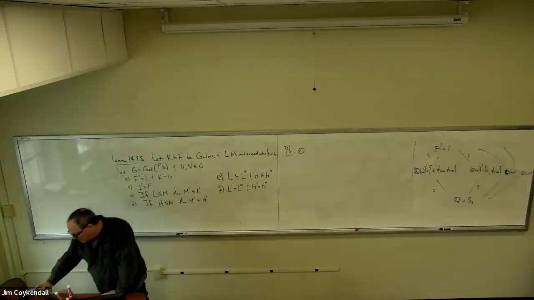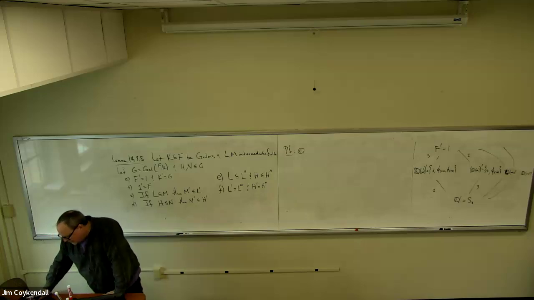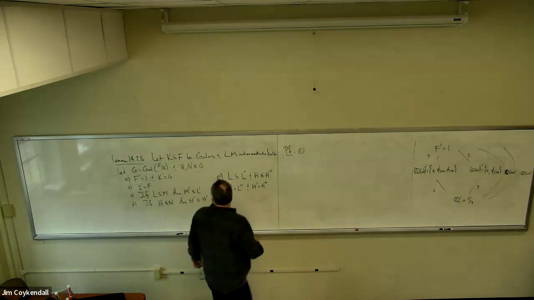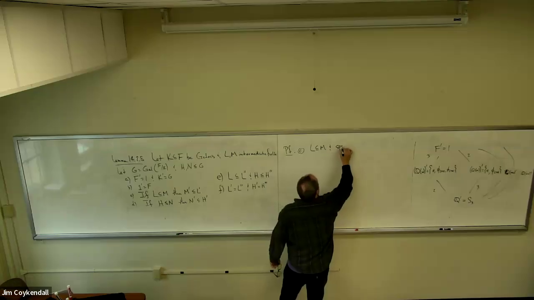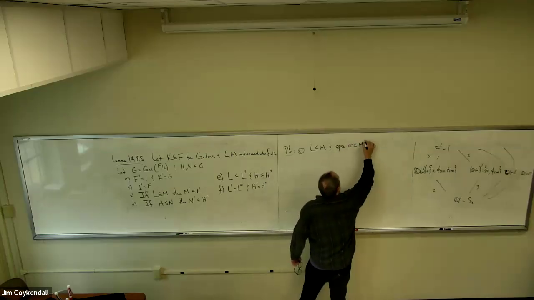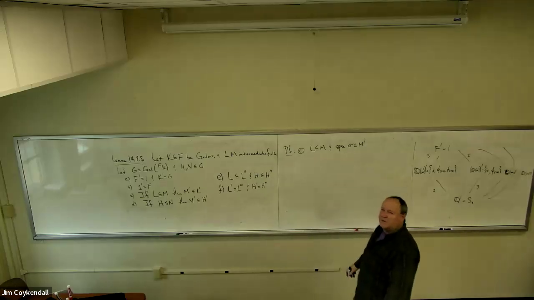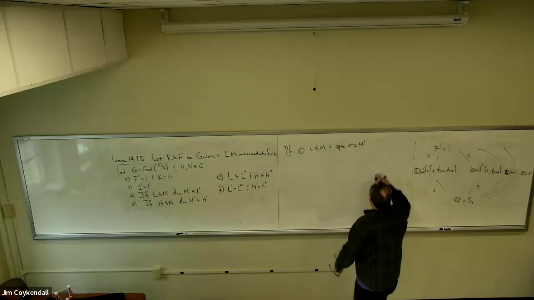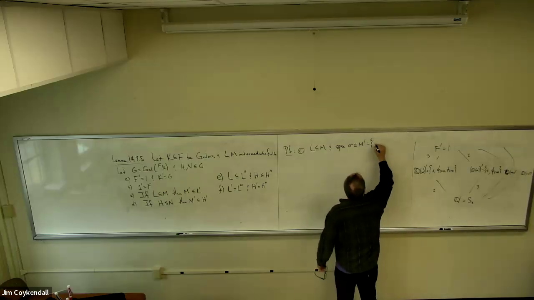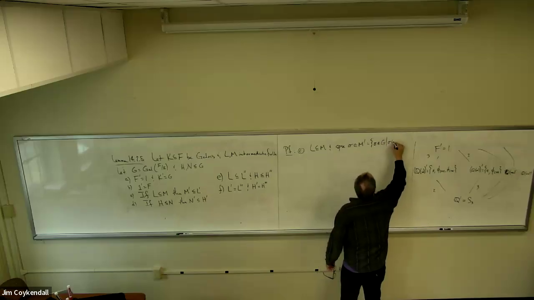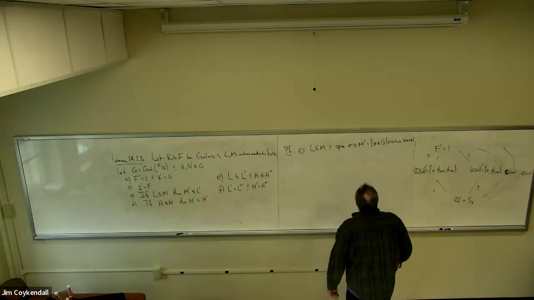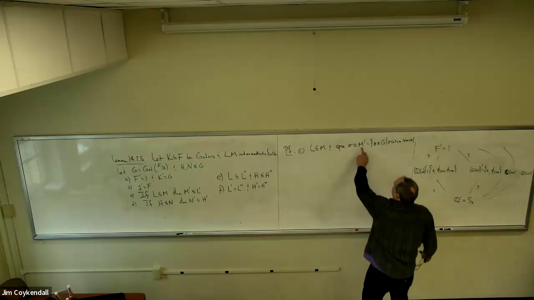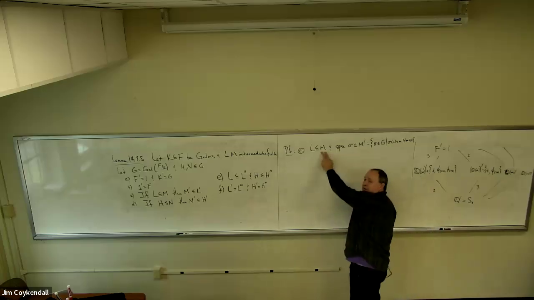Suppose that you have an L inside of M. We need to show that M prime is contained in L prime. So suppose sigma is in M prime. I think I'm going to find myself writing these definitions again, just so I can get this straight in my head. Now, what is M prime? This is the set of sigma in the Galois group such that sigma of m equals m for all m in M. So if sigma is in M prime, it fixes everything in the big field.